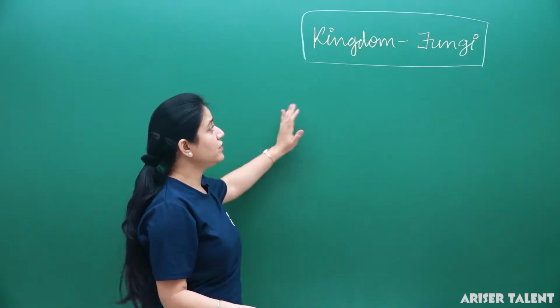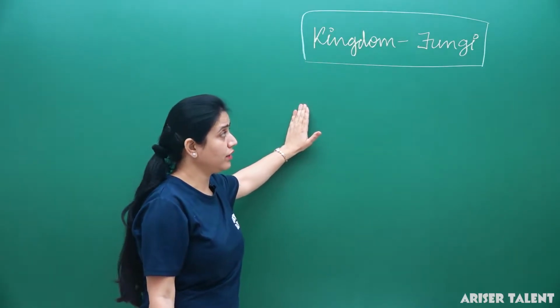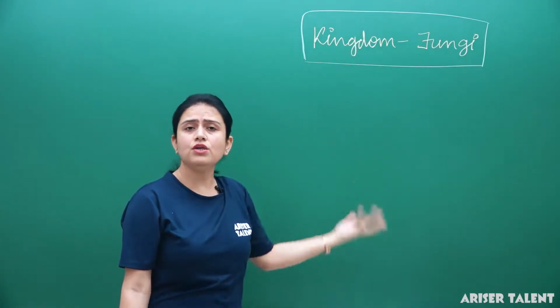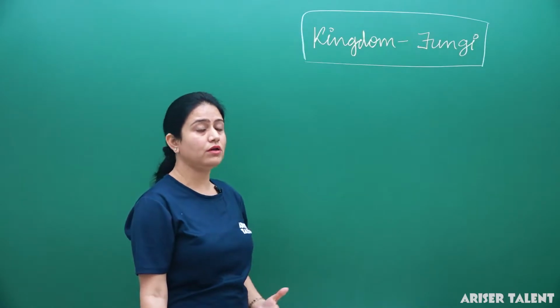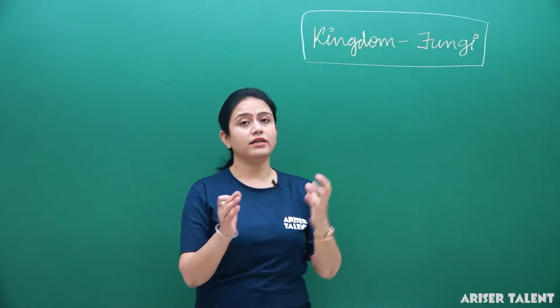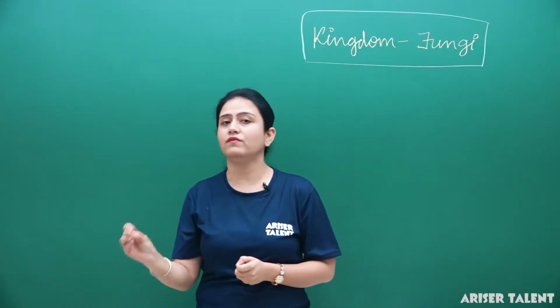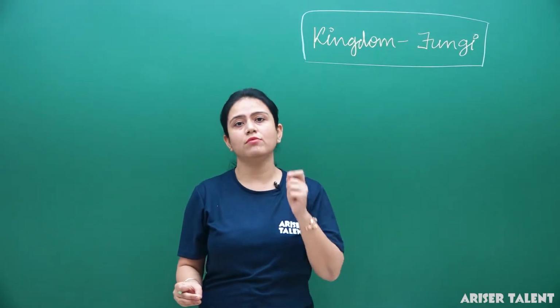So the first feature, if we want to talk about the organisms kept in the group fungi, is that they are generally unicellular, they may be multicellular, but their body is thalloid. They are thalloid because the plant body is not differentiated into root, stem or leaves.